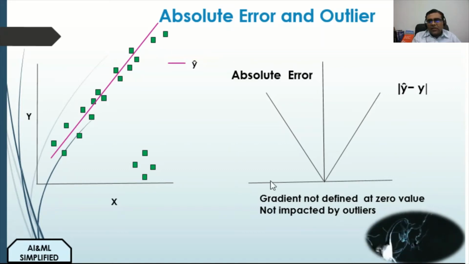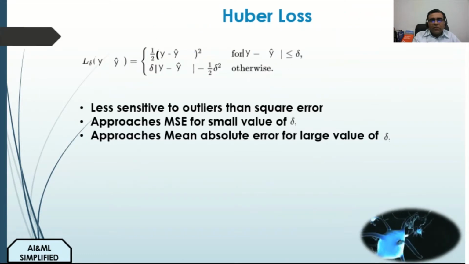So considering the challenges from both these types of error, we come up with a modified loss and we call it Huber loss, which uses both of the loss functions, that is mean square error as well as mean absolute error. In this case, delta is another hyperparameter which has been added in the Huber loss.